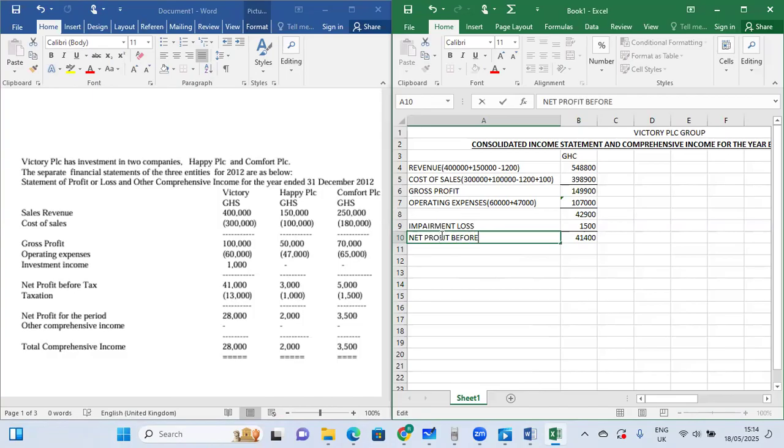Right. Then we bring in our taxation. So taxation will come in here.